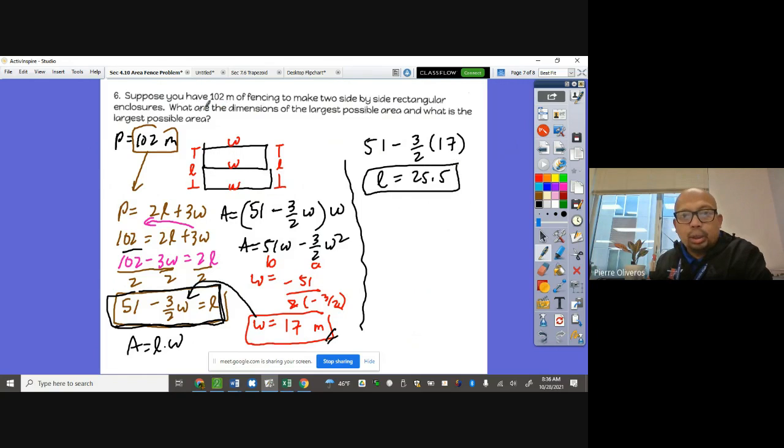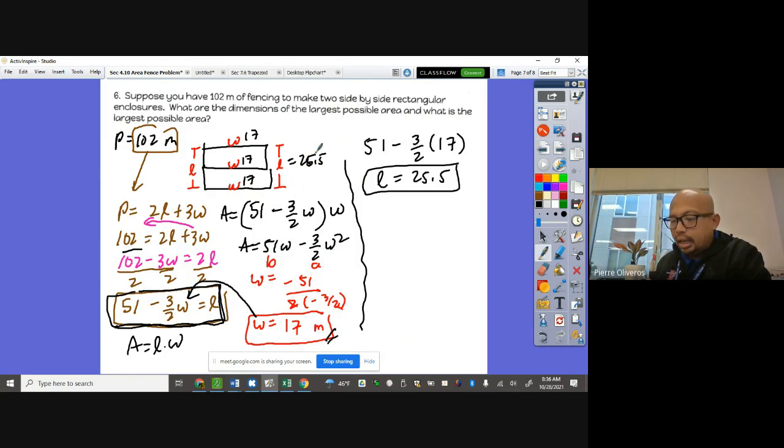So what's the question? What are the dimensions of the largest possible area for the entire thing? So it'd be length times width. This will be 17 here, 17, 17 there, and this will be 25.5.